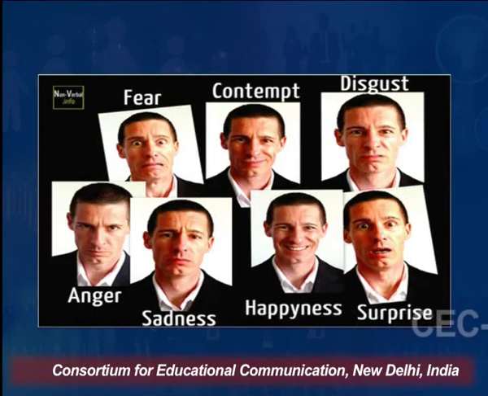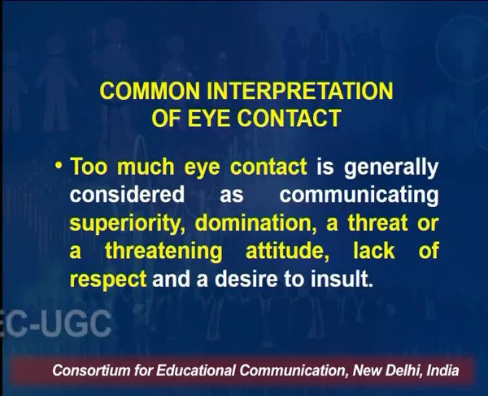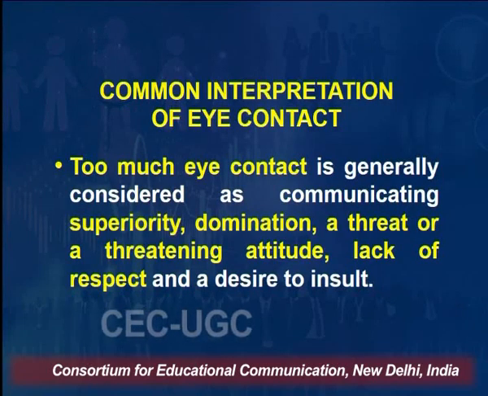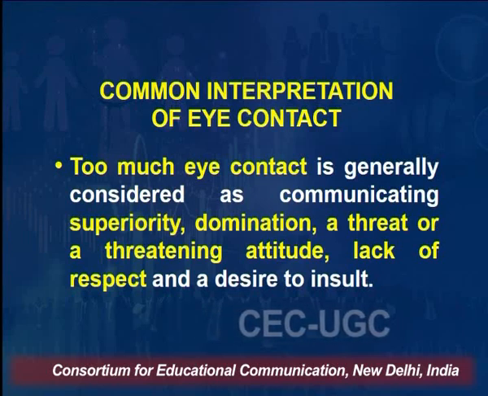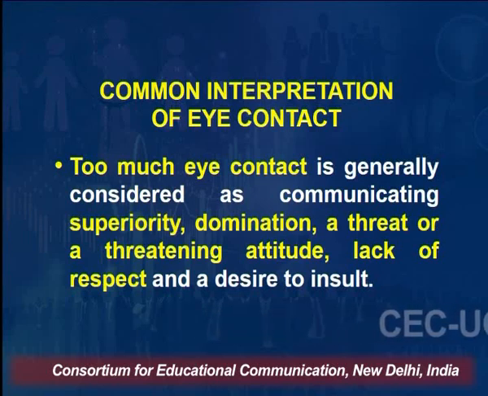Okay, so now we will talk about how we interpret eye contact, the common interpretation of eye contact. If there is too much eye contact, it tells us something about the other person who is communicating with you.